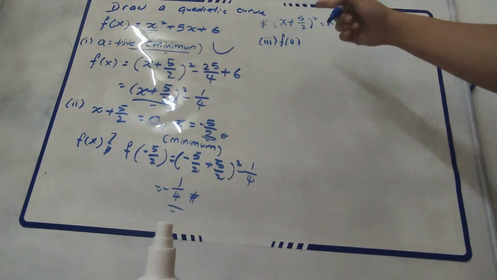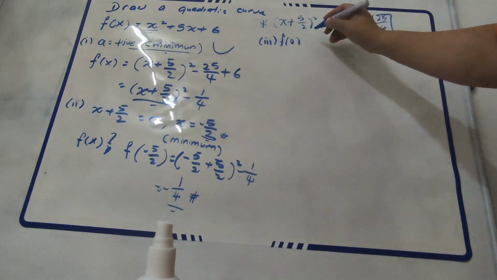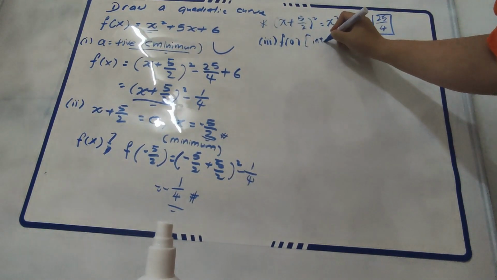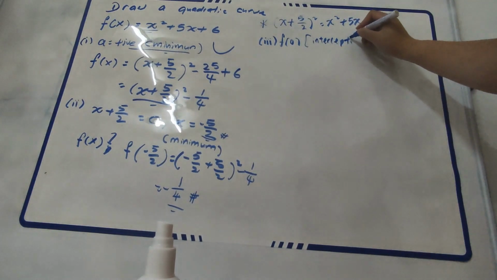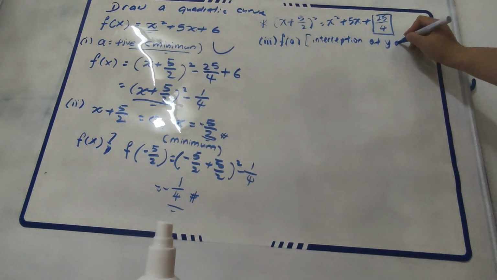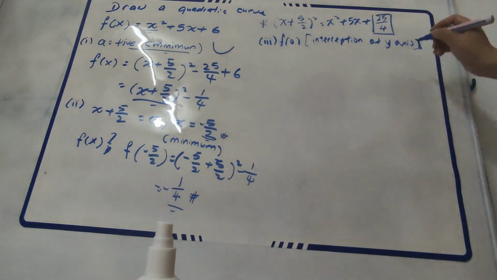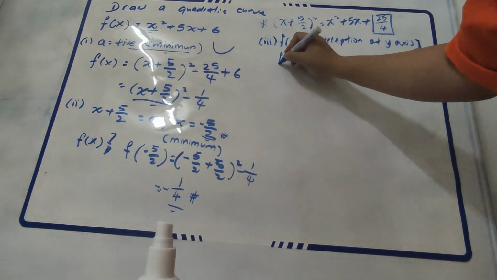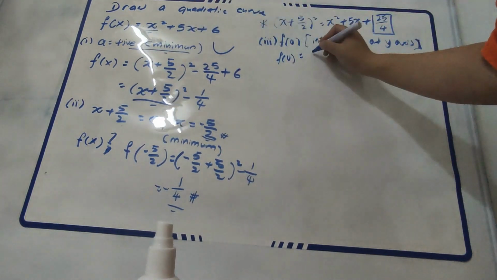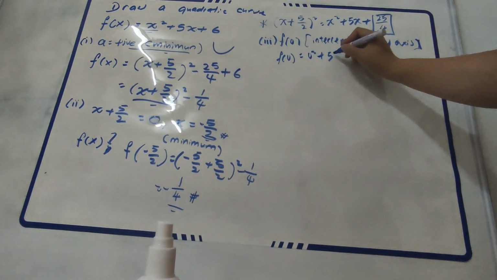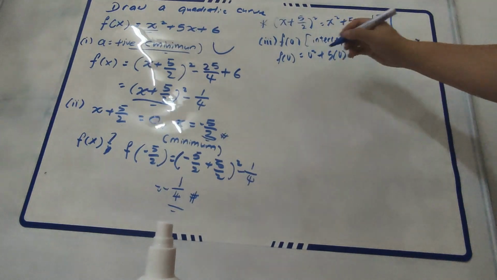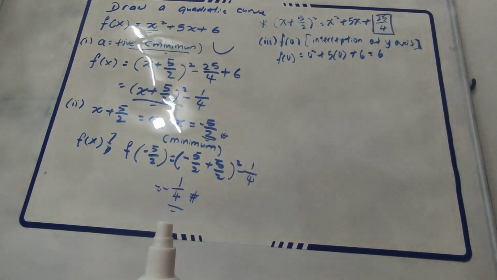You need to find the intersection at the y-axis. So f(0) equals 0 squared plus 5 times 0 plus 6, so it's equal to 6.